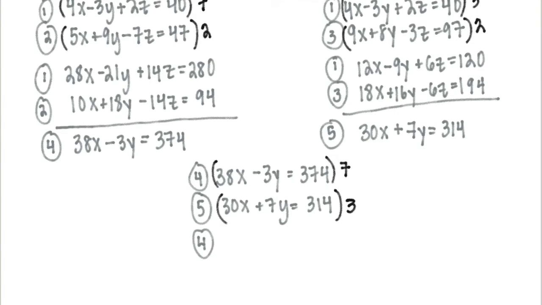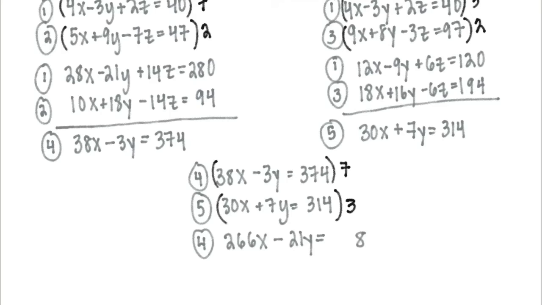So the new equation 4 becomes 38 times 7. I believe that's 266. Let's see, 56, 21 and 5. It is. It's 266x minus 21y equals 374 times 7. It's okay to take out your calculator if you need to. 374 times 7.